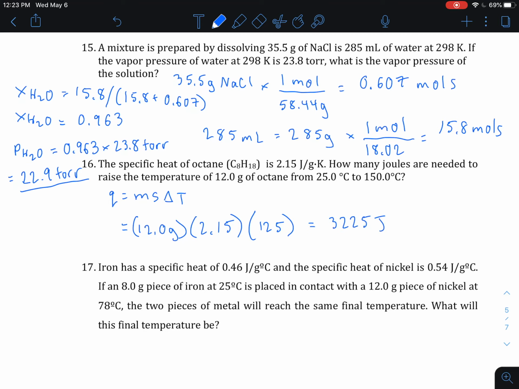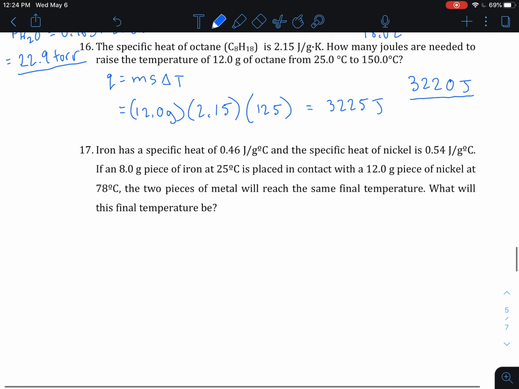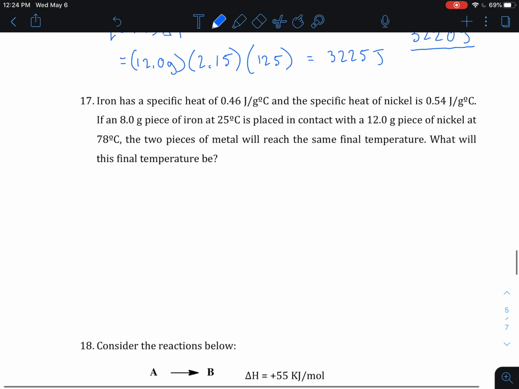And for this, I got 3225, which I guess I should just report as 3220 from the odd even rule and 3 significant figures.